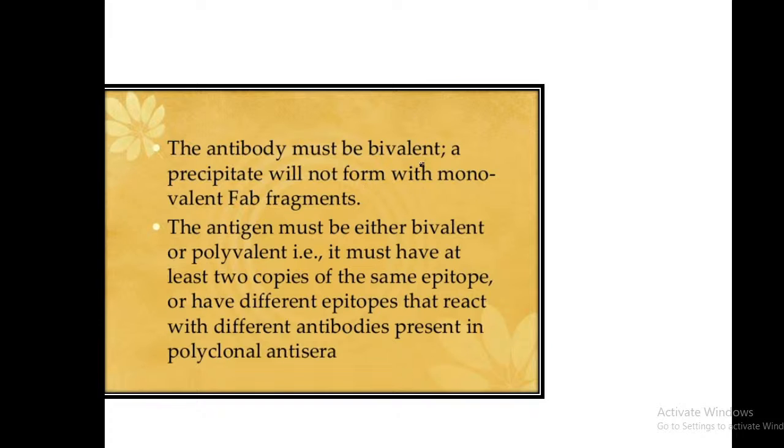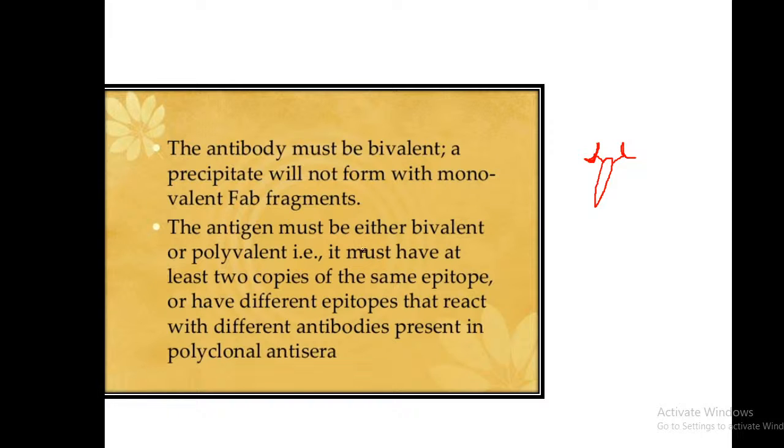The antibody must be bivalent. That is, bivalent is like this. It should be bivalent. That means it should have the same identical epitopes, a minimum of 2 epitopes, for effective precipitation reaction.